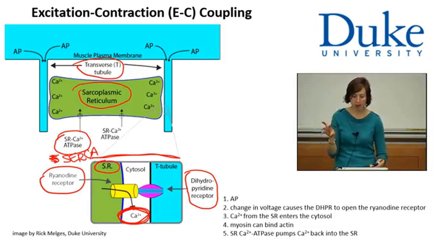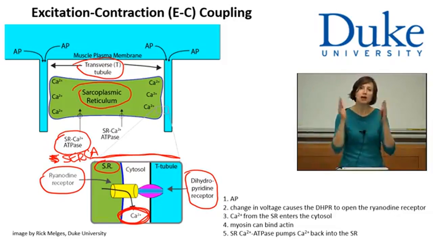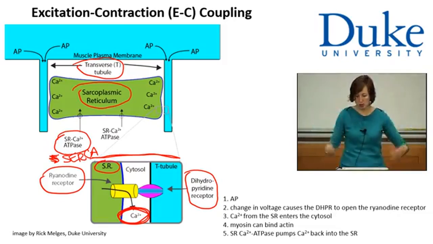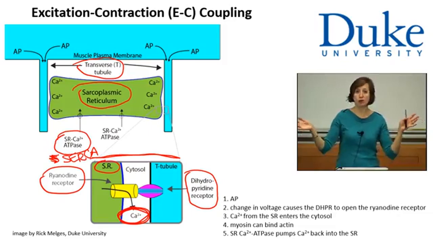And we'll talk more about what that's going to mean for contraction, when very soon after we start dumping calcium, we're going to start putting it back into the SR, which is going to then allow for relaxation.